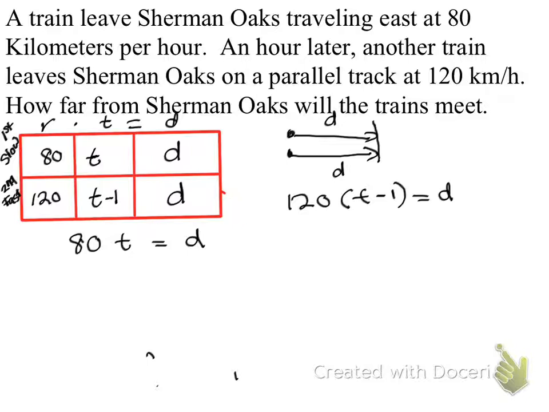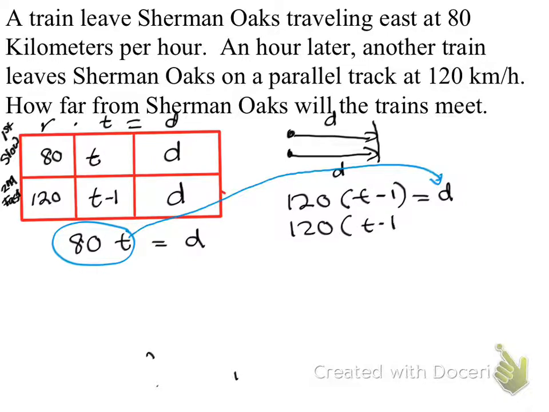Good. And now what can I do? Michael. So take 80t and put that. You mean substitute? Substitute D for 80t. Good. So I end up with 120 times T minus 1 equals 80T. I'm going to distribute.